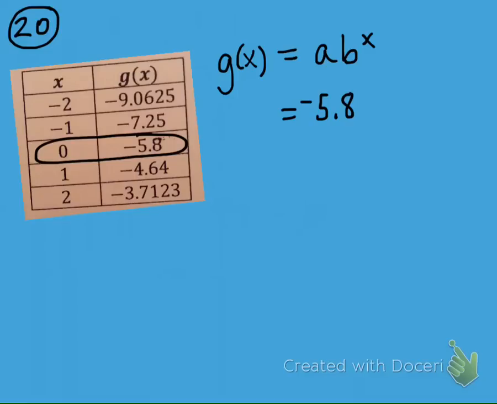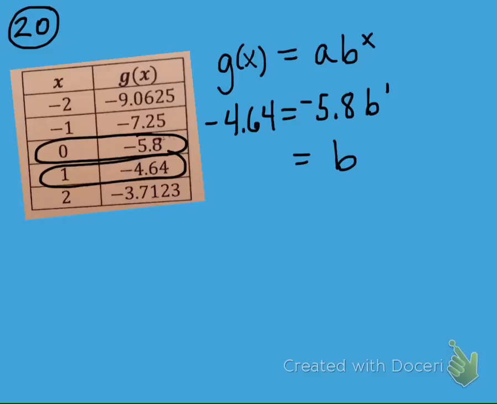Well, to do that, you pick another point from the table, and I like 1, negative 4.64. So the negative 4.64 is your g of x value, so we replace g of x with that, and then our x value is 1, so that just gives us b to the 1, which means to figure out what our base is, because b to the 1 is b, we're going to divide both sides by negative 5.8, and that will give us b.